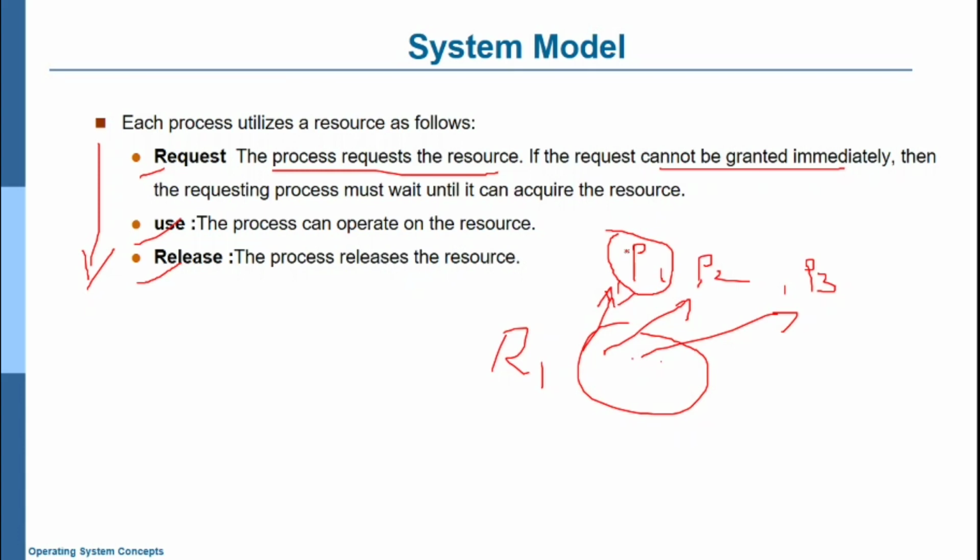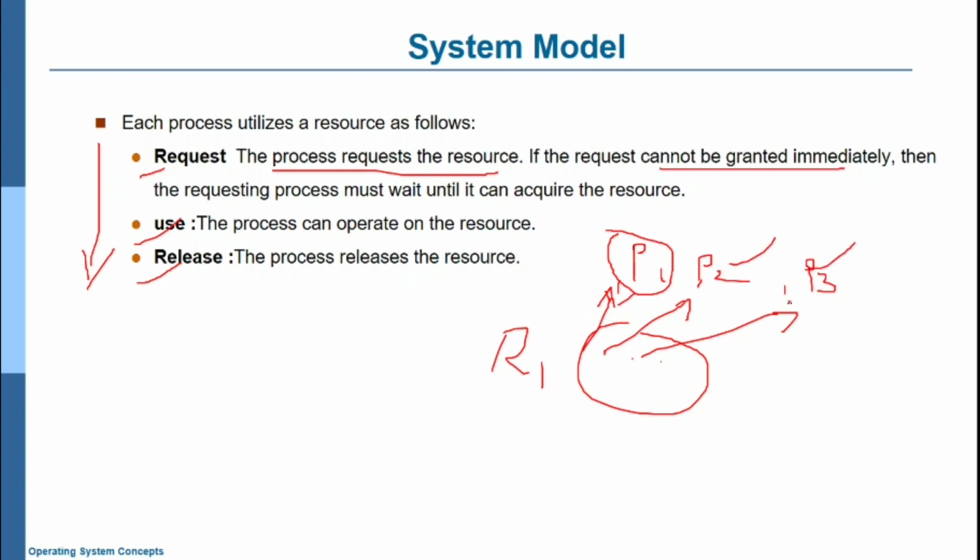Understood? Try to understand once again. Process P1 requests resource R1, but R1 is held by processes P2 and P3, so immediately it cannot grant the resources to P1. At that time it has to wait until R1 is released by P2 and P3.